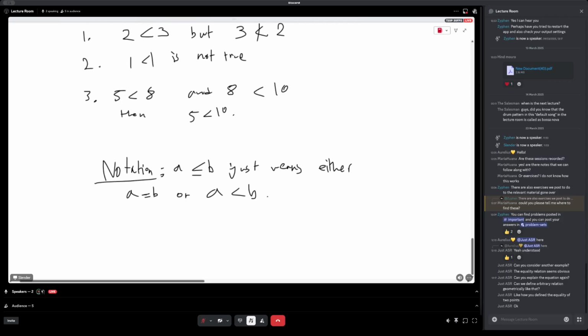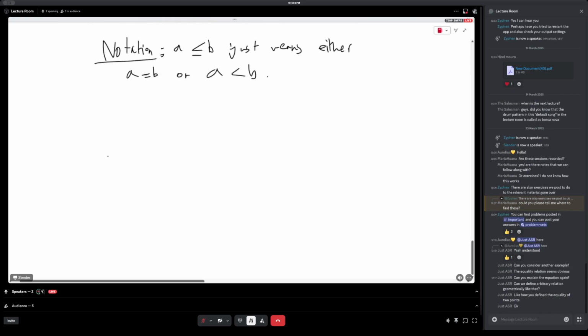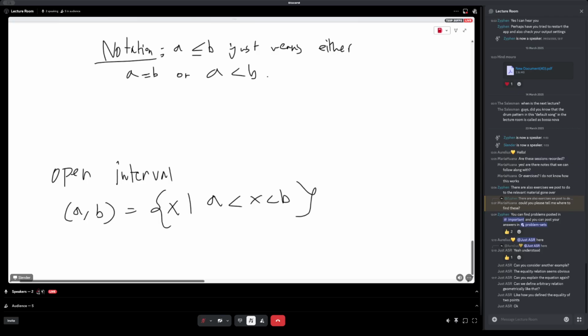We have the open interval, denoted like this, written as a pair (a, b). This is the set of all x such that a < x < b. So this is an open interval. That's how it's defined using the order relation.